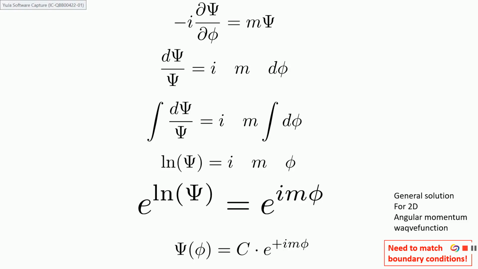Psi of phi equals a constant times e to the power i m phi. Do you see any difference from a plane wave? I don't. In a mathematical sense, it's the same as a plane wave in free space. Right? But there is a little difference.